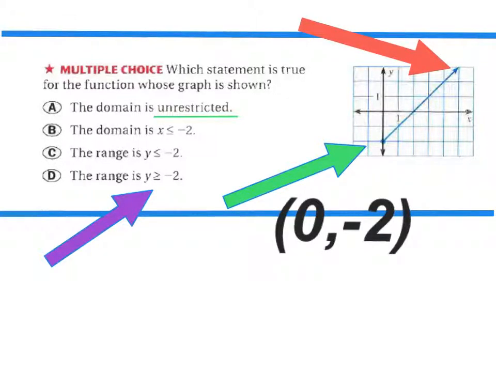Now, my function here on my graph is a ray. Everybody should know what a ray is. My first key point of interest is the red arrow. If you look at my red arrow, it's pointing to the arrow on the ray. Now, we know about the x-axis and we know about the y-axis, and these are our number lines.